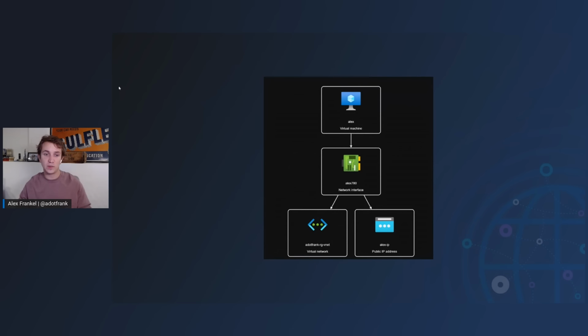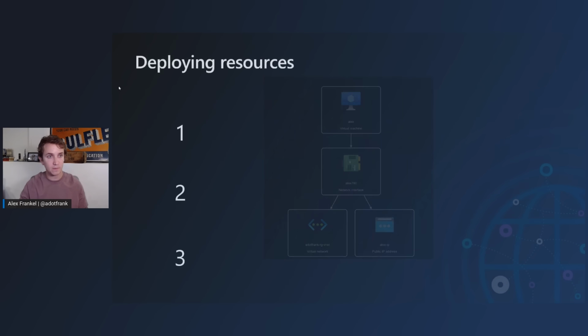It's a little confusing because it's actually deploying from the bottom up rather than the top down. So what's going to happen is we're going to deploy this bottom layer first, then we're going to deploy the NIC, and then we're going to deploy the VM. But for the sake of this presentation, let's review it in more of a top-down order where it's a little more comprehensible. So here's what happens when the actual resources are deployed.